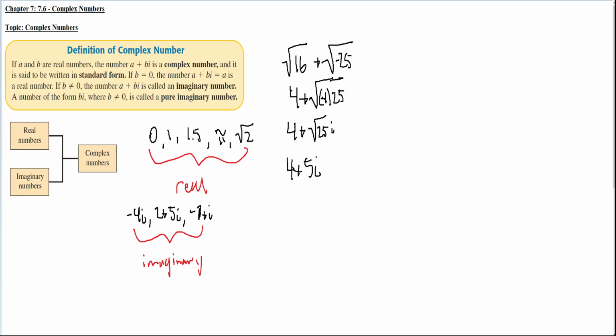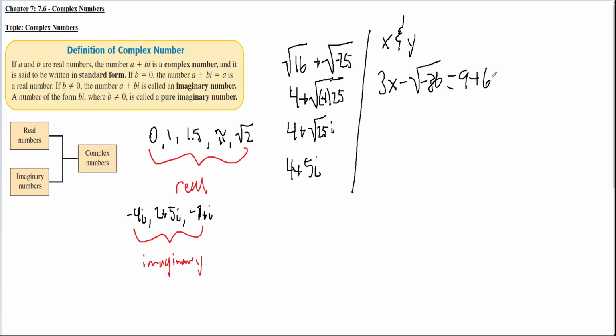And then if we were dealing with some variables, say we wanted to find solutions for x and y in this equation: 3x minus the square root of negative 36 is equal to 9 plus 6yi, what would that be?